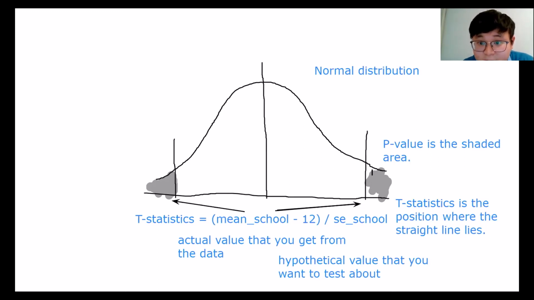You can see here our null hypothesis is that there is no difference, which means the hypothetical value should be 0. And then divided by the standard error of the differences.